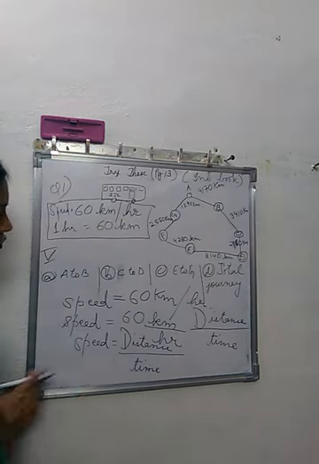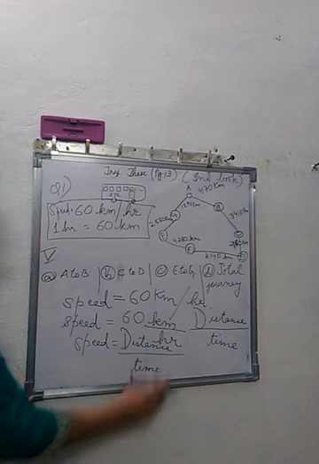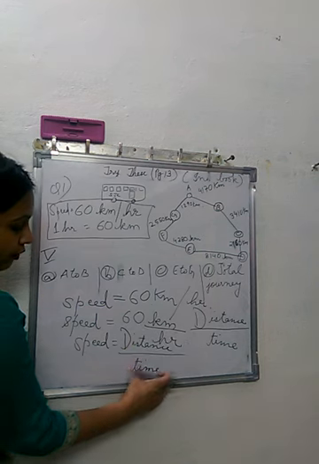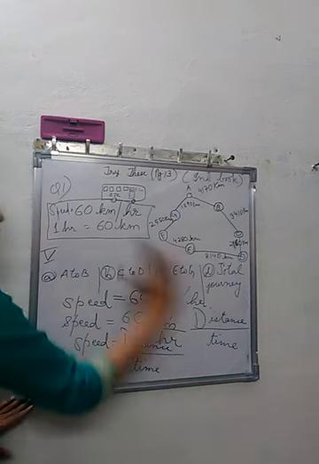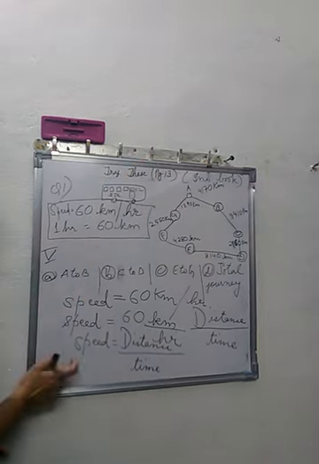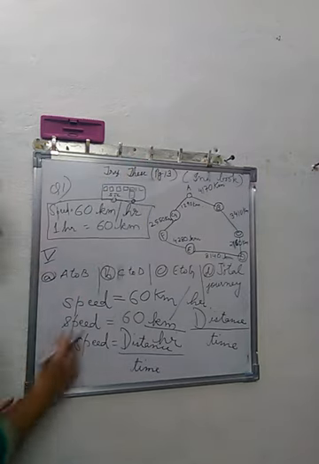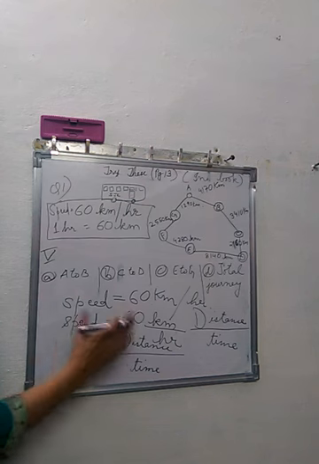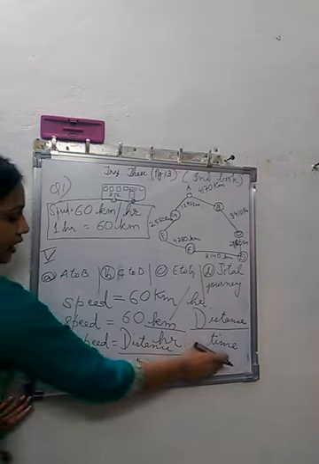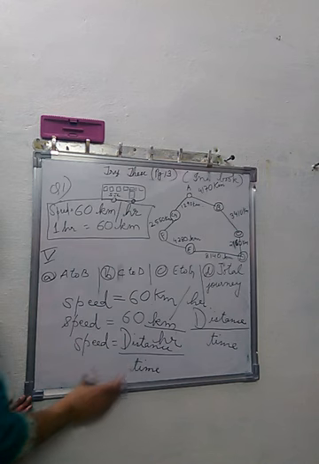Clear? We have to find the time. So if we shift this time from the right hand side to the left hand side and we shift the speed from the left hand side to the right hand side, we will get the formula for time.